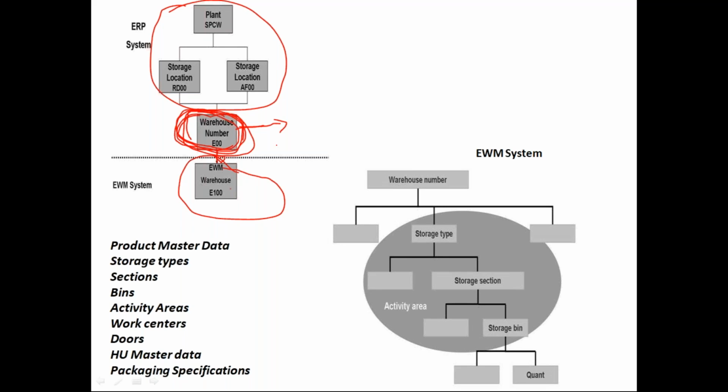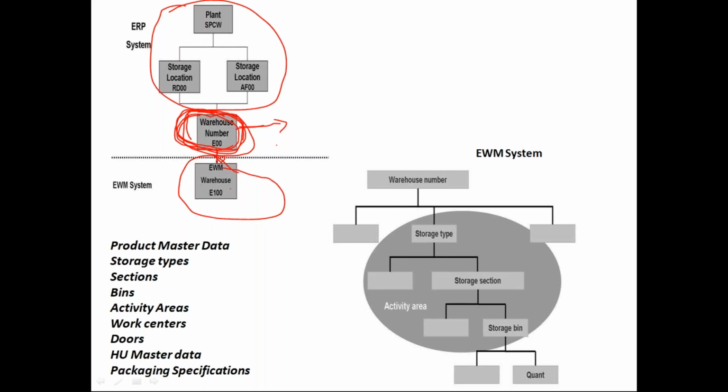One question. In the diagram which has been shown here, there are 2 storage locations. Is it mandatory to always have 2 storage locations, or can it be a single storage location? Because in WM, I have seen a single storage location also work. Yeah, it is like this.